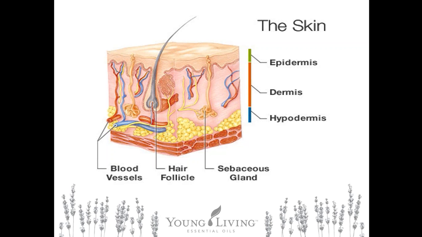Now, you can see how your hair follicle is just like a little tube there. And you can see that the sebaceous gland, or the sweat glands, that's an opening right at the edge of your skin.